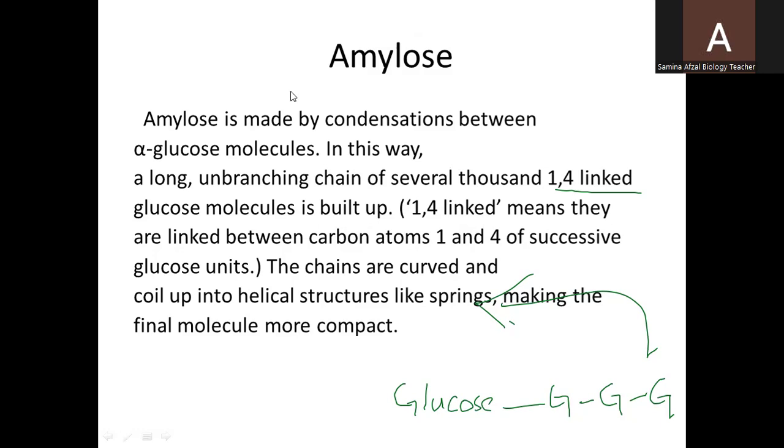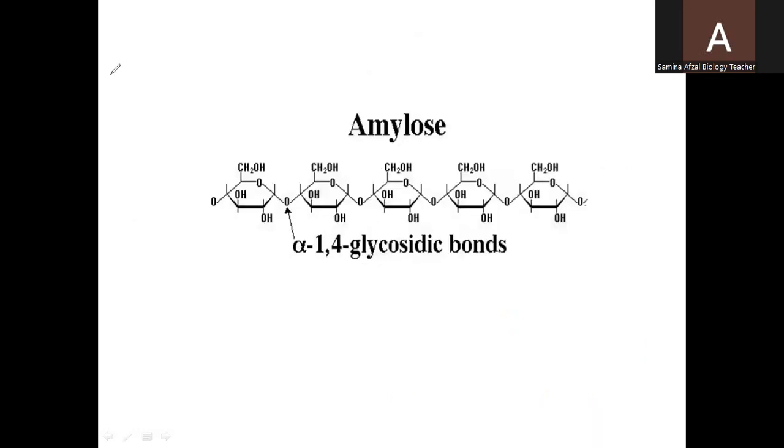I want to show you in the next slide. You can see the formation of amylose takes place in this way. There is one glucose molecule, carbon number 1, and it will make a bond with carbon number 4 of the second molecule. Then carbon number 1 with carbon number 4 again.